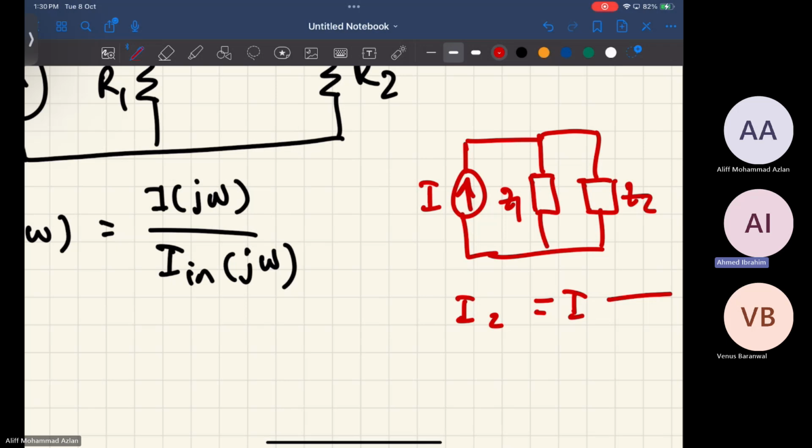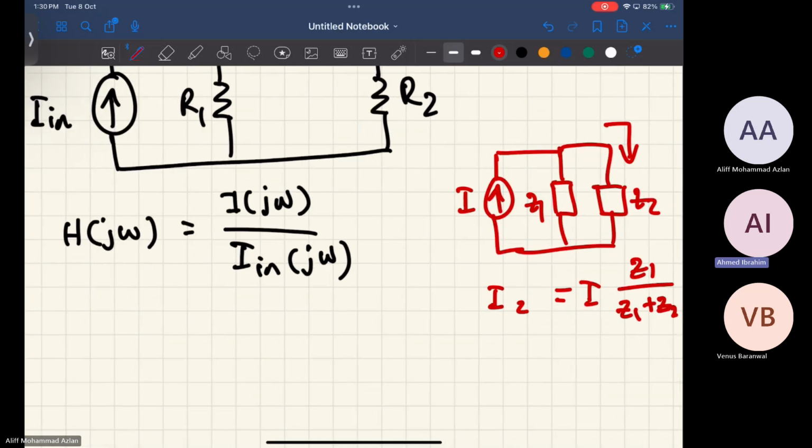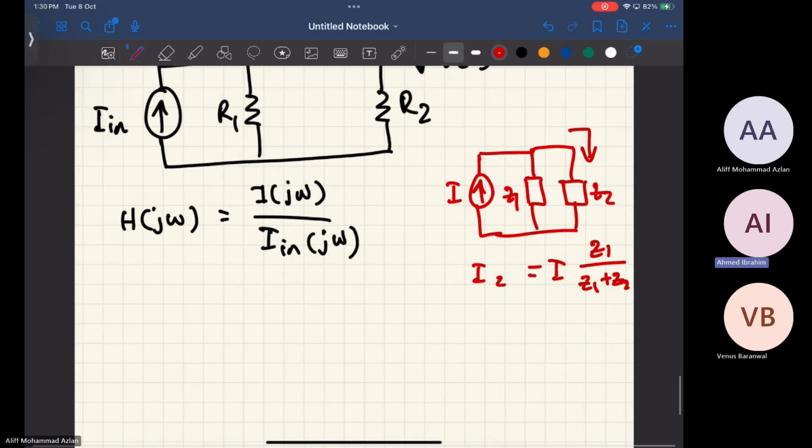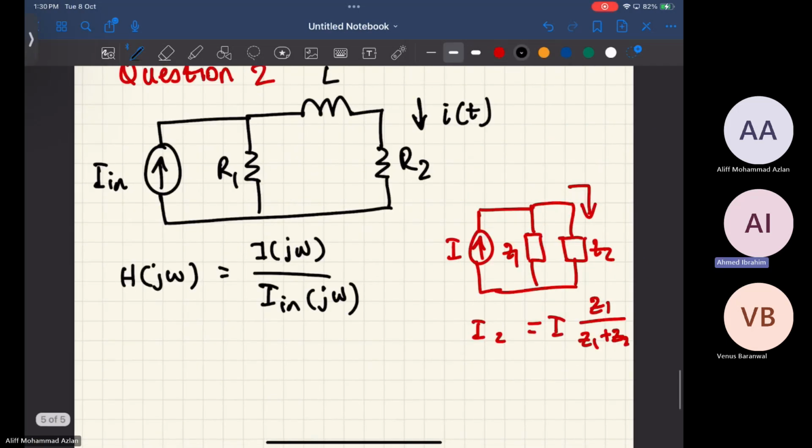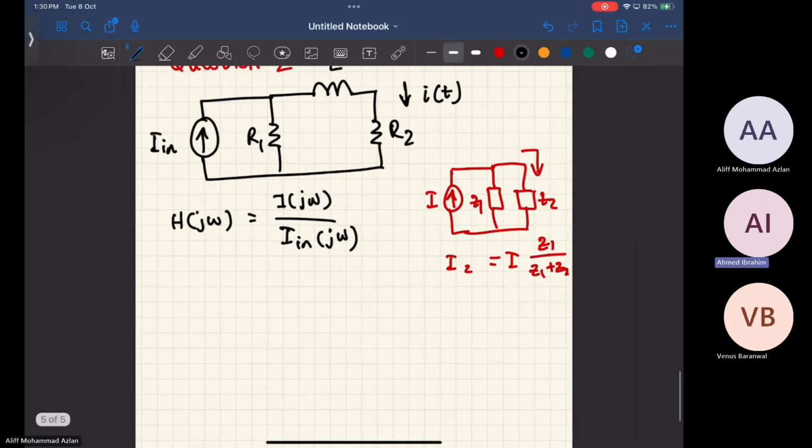So in this case, if we want to calculate I2, we put Z1 on the top, and then at the bottom is the sum of the two impedances. And then similarly for I1, you would put Z2 on the top. So in this case, we can just apply that directly.